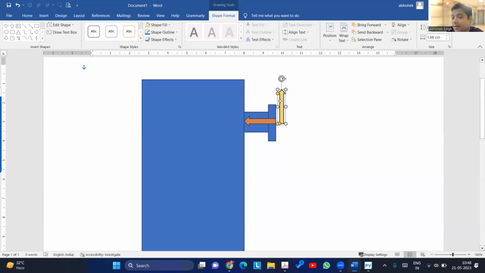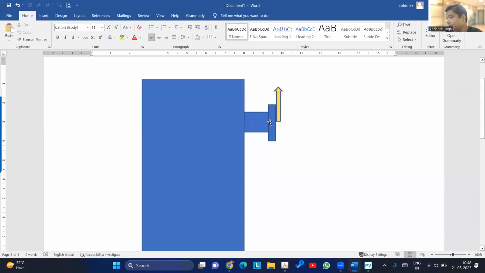Okay. So this is a force. This is FL. Forget about all other forces. There are no other force or moment present. Only one load, which is FL. But I don't want to apply FL like this.